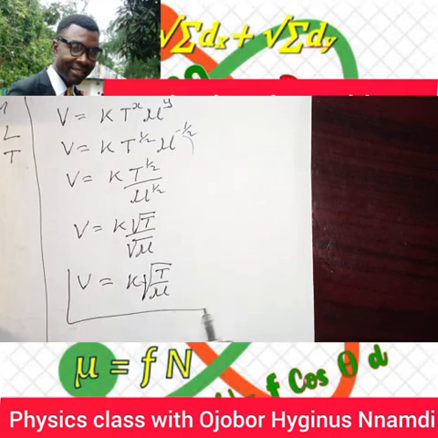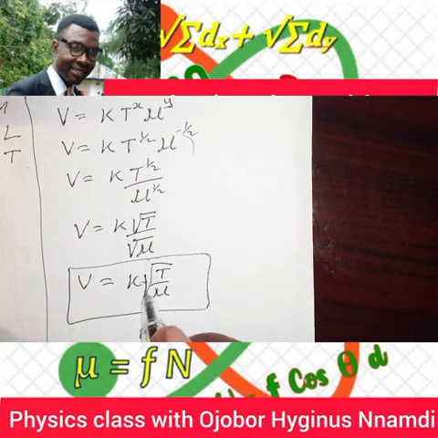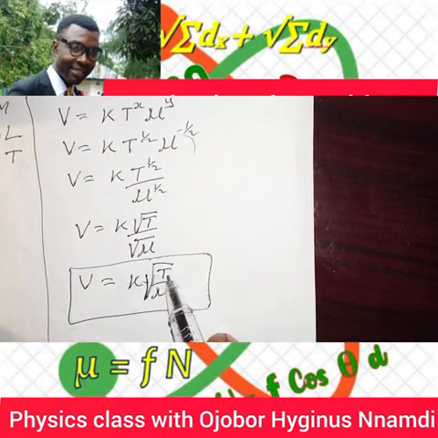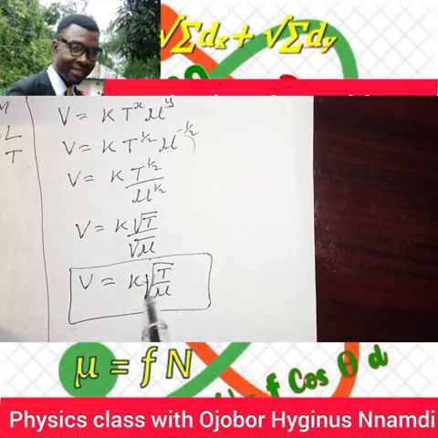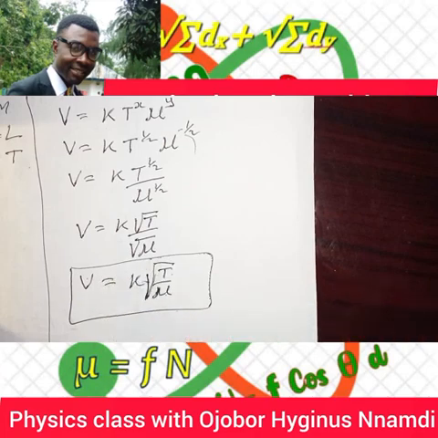So this becomes the relationship between v, t, and mu. So v is directly proportional to the square root of t and inversely proportional to the square root of mu. You see how we have been able to generate a formula using dimension. These 3 quantities, nobody told us the formula, but we are able to generate it using dimension. So this is what is required of us in this question.